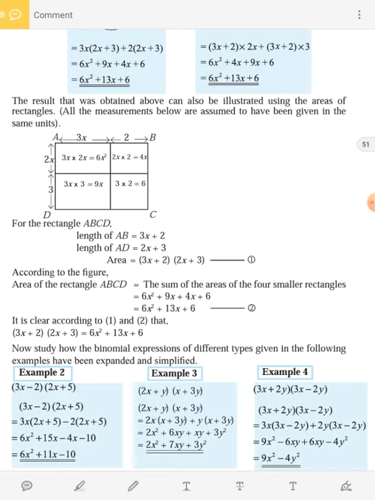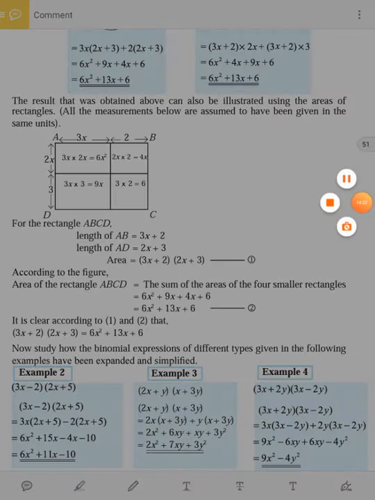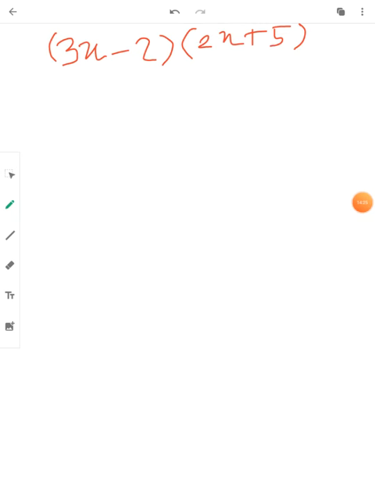Example number 3 is very similar to this. So I'm going to do example number 2 on the whiteboard. Okay, let's try this. Here you have to multiply these two. Without changes you can write it twice.